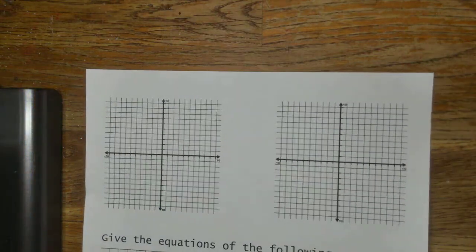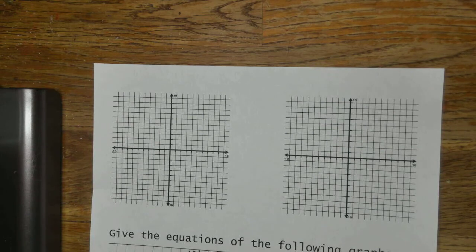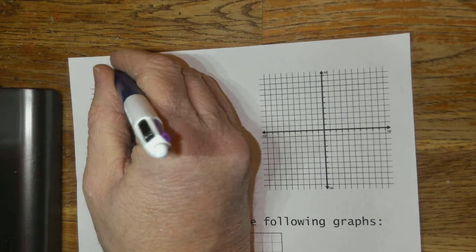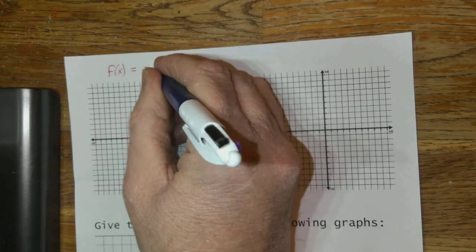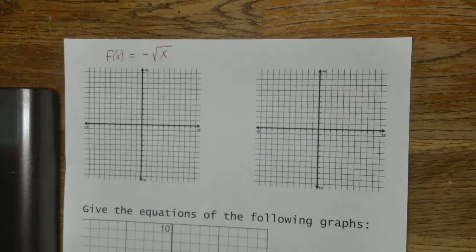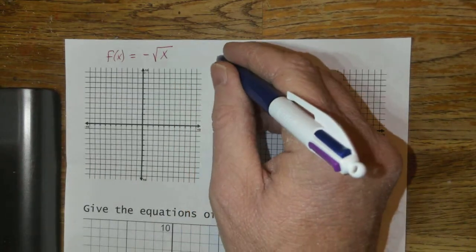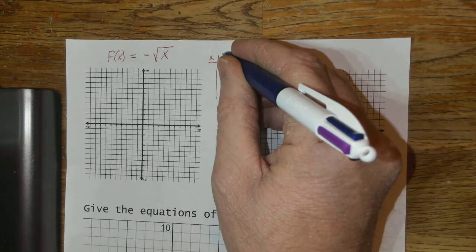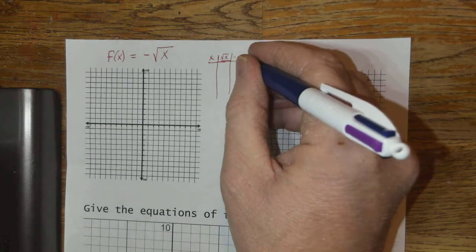I want to do a little something different here. Let's try f of x equals the negative square root of x. So where you would have x, I'm going to mess around with this, the square root of x, and then the negative square root of x.